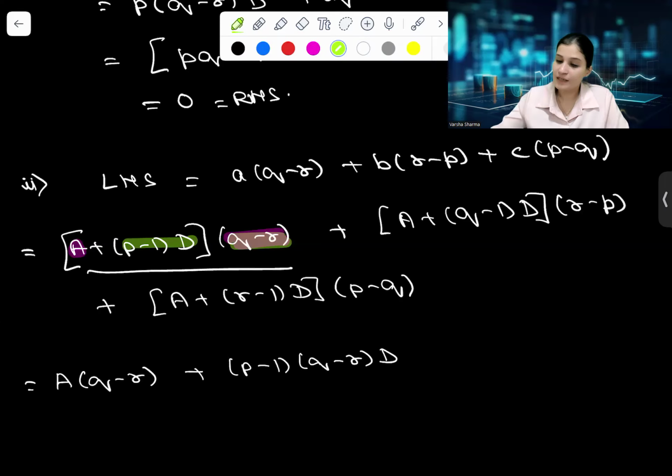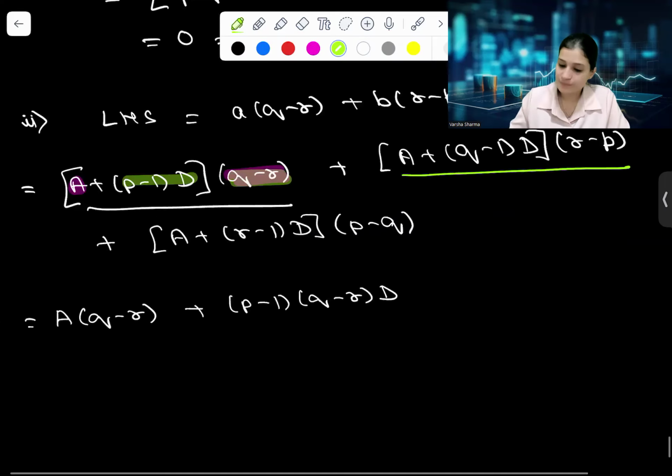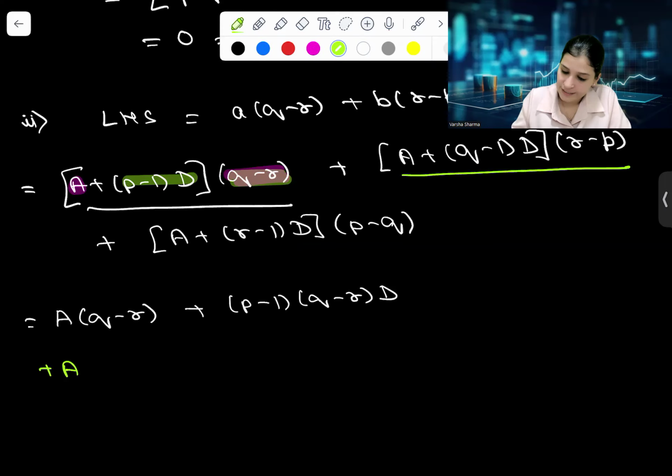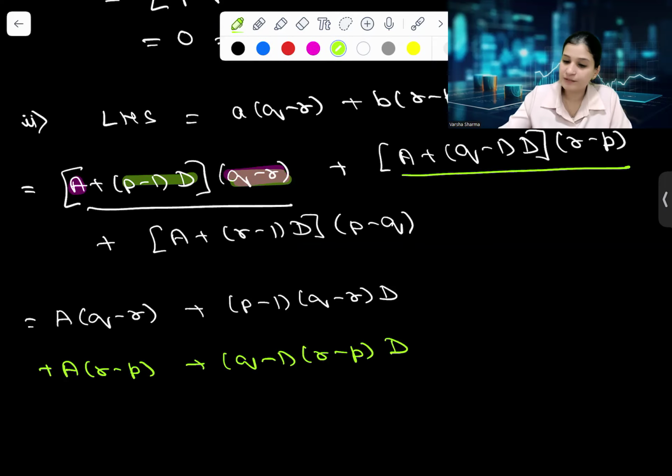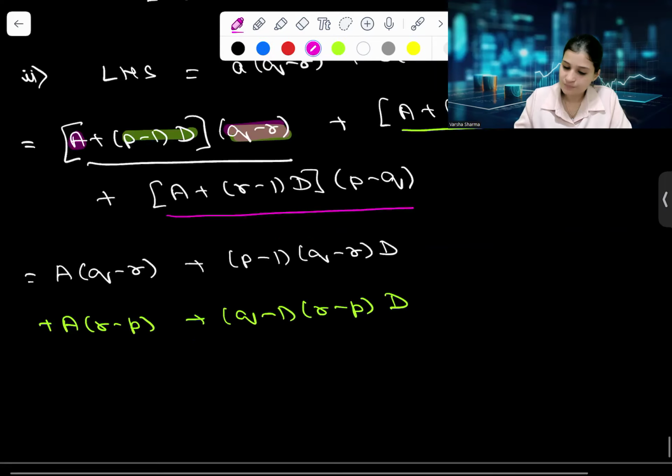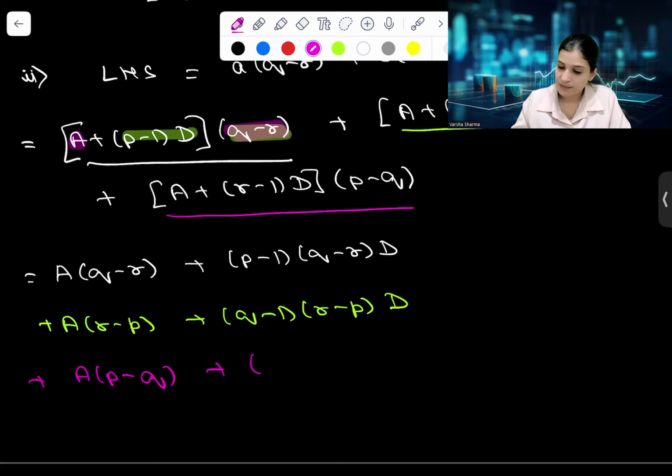Multiply the second one plus A into R minus P, Q minus 1, R minus P into D. Multiply the third term: A into P minus Q plus R minus 1 into P minus Q into D. Yes?